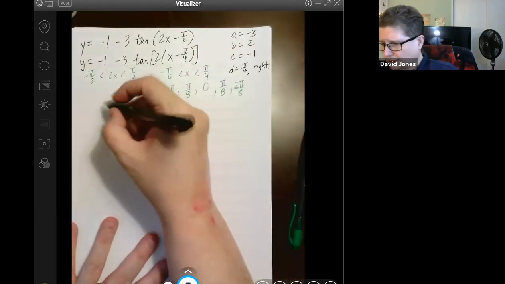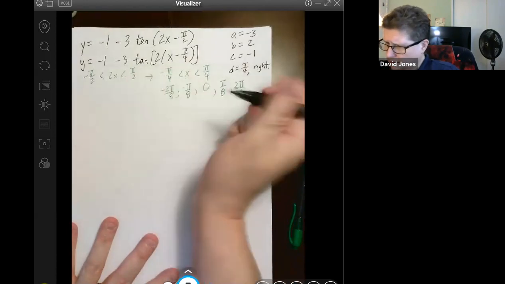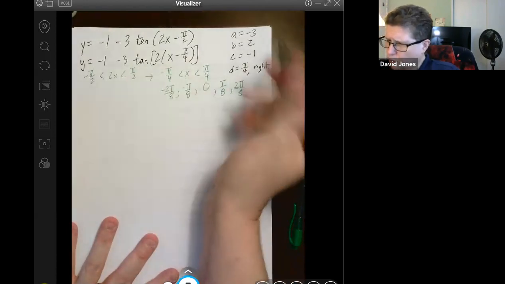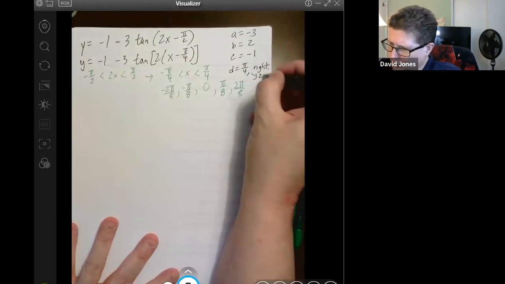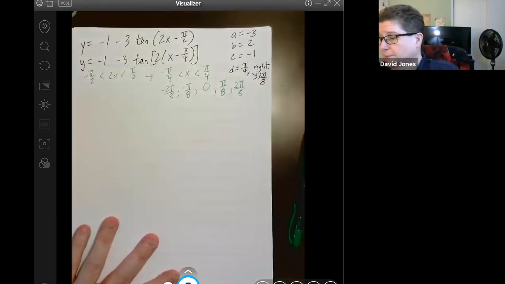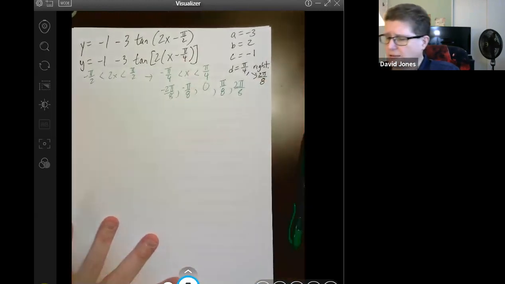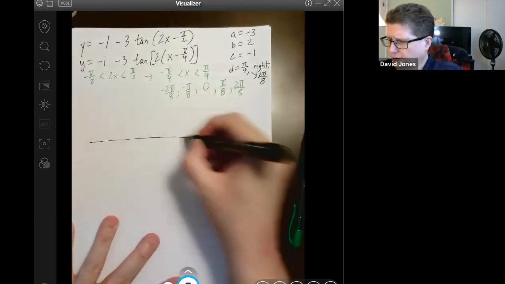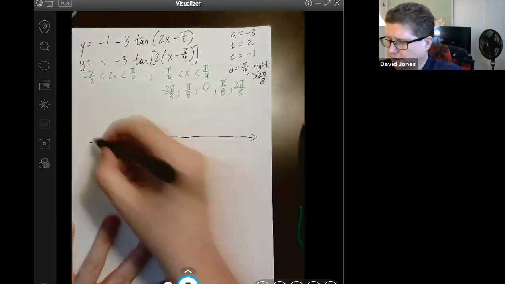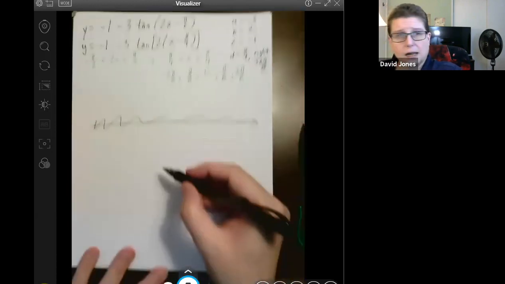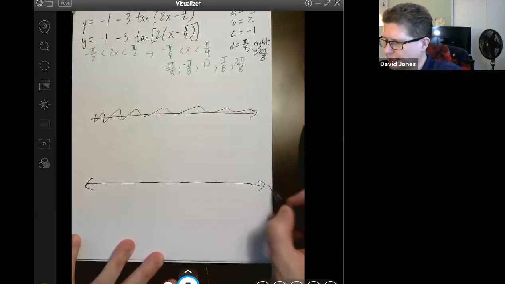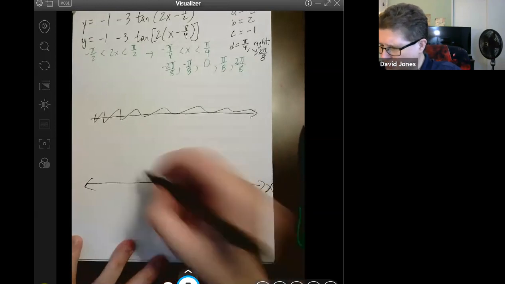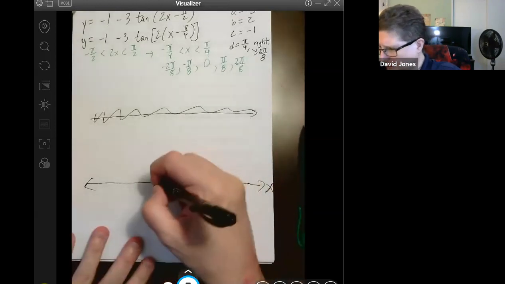So what do we got here? What's our shift of D going to be? It's going to shift it by 2 pi over 8 if I get a common denominator. Wait, I want a little bit more room. Here's my x-axis. I don't know where my asymptotes are going to be, so I'm just going to mark 0.